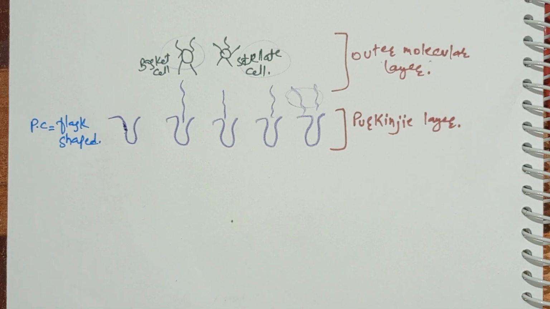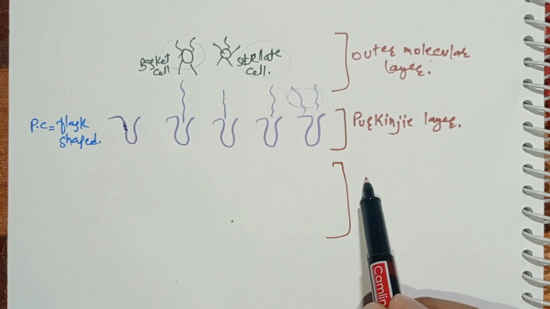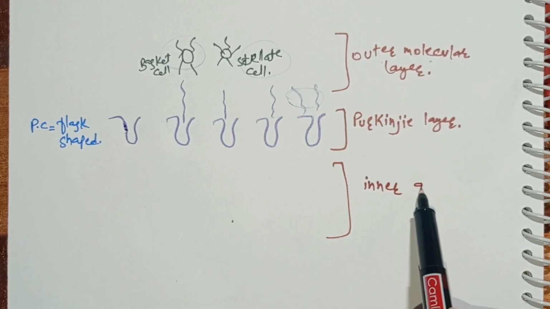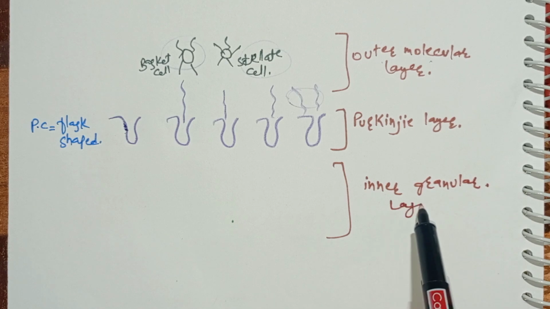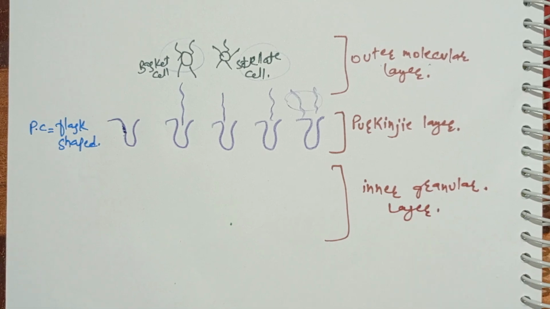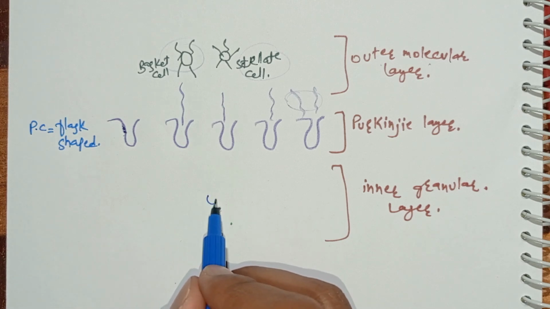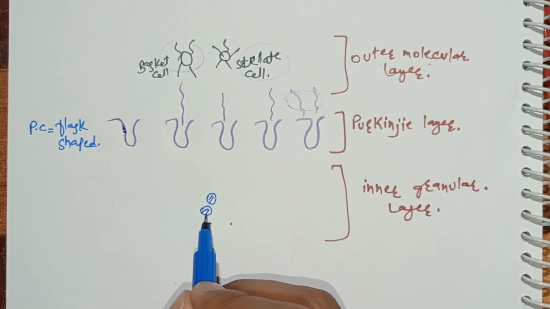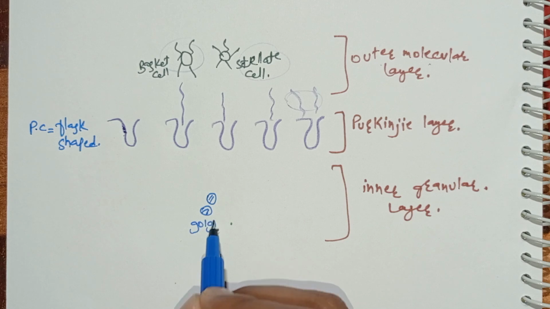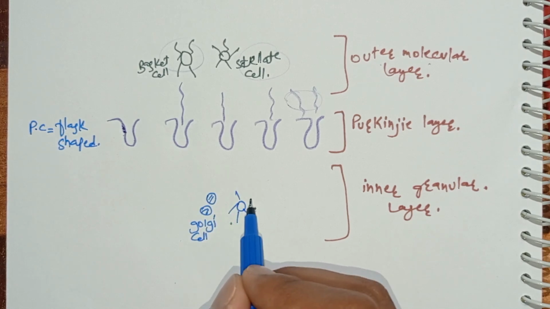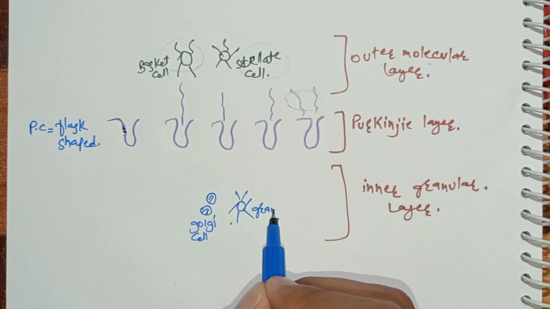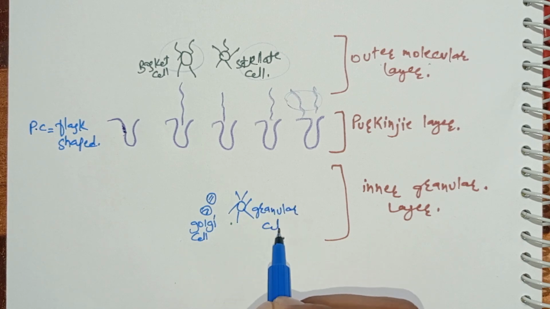Now we will draw the inner granular layer. This inner granular layer contains Golgi and granular cells. So this is a Golgi cell, and it also contains a granular cell.